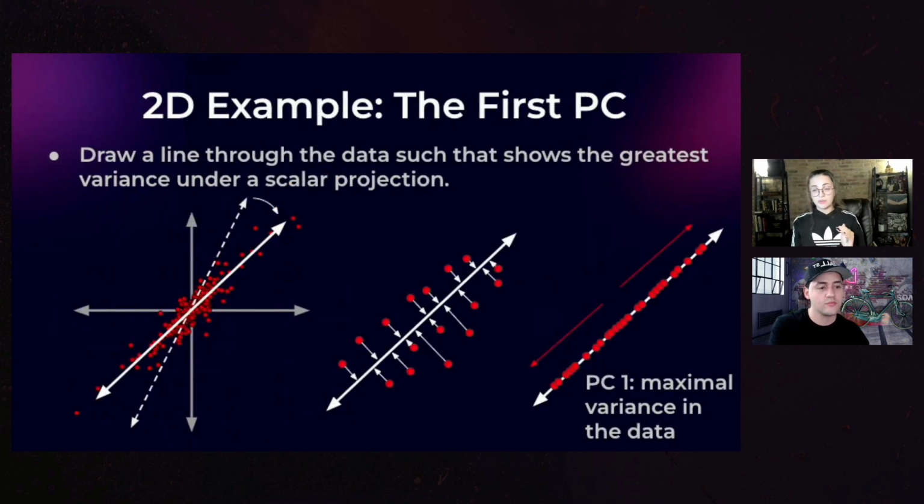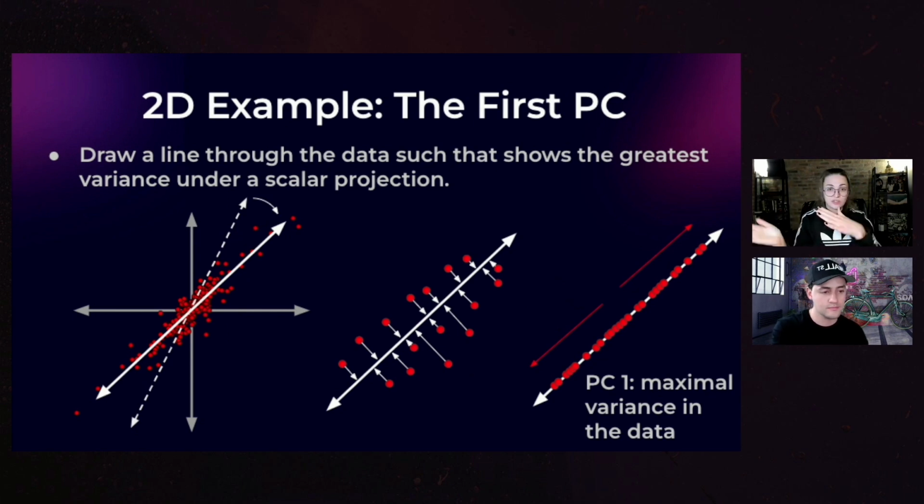Now, this is where it gets a little complicado, but when we find the first principal component, remember that what we're trying to do is find vectors that capture a certain amount of information about the data set. And in this context, the information is going to be the variability, or the variation, of the data. So when we look for this first principal component, we're trying to draw a line that cuts through the data such that if we take all of the data points and project them onto that line, the variation of the data along that line is going to be maximum.